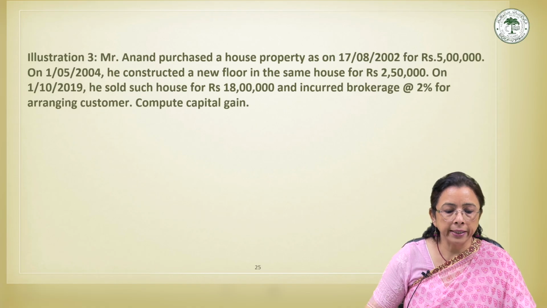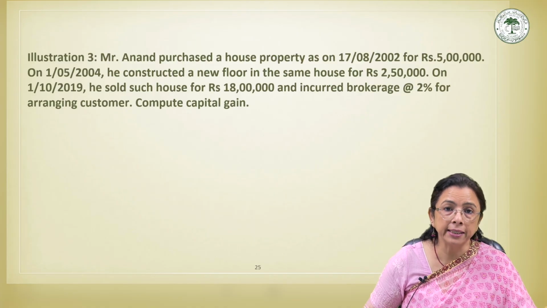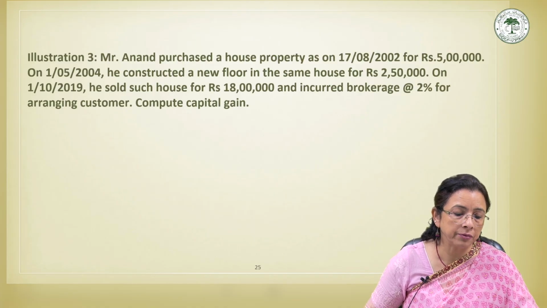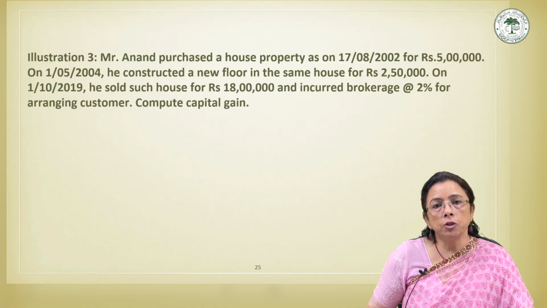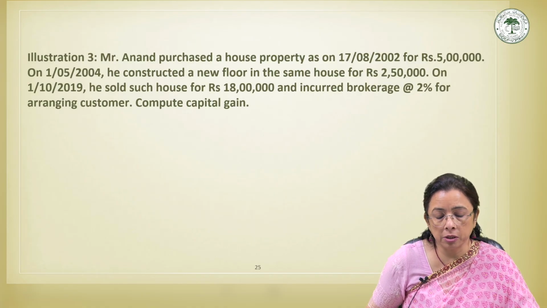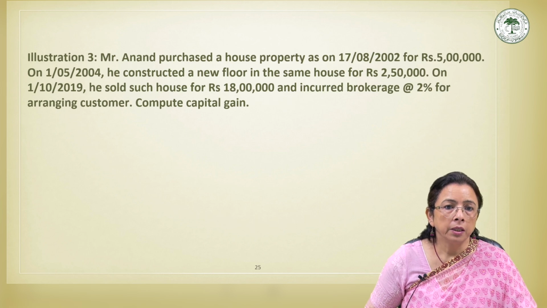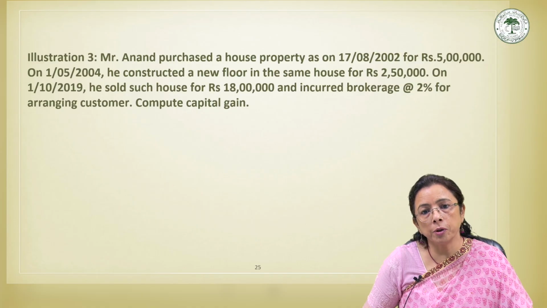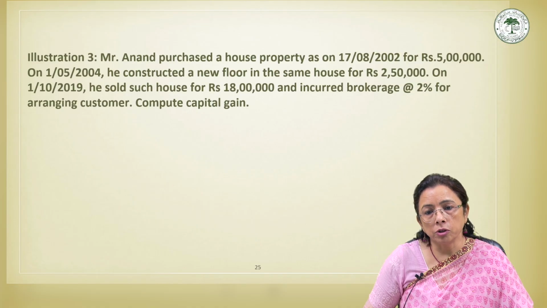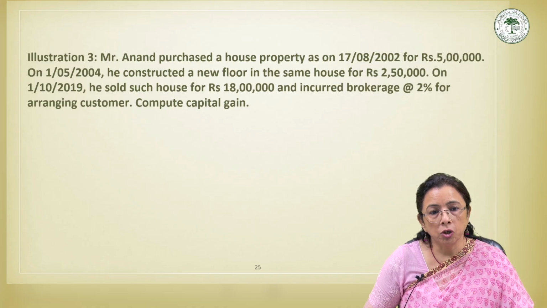Now, the indexation part is specific, otherwise transfer and gain you have understood in short term capital gain. To understand it better, we will follow this illustration. Let me read it first. Mr. Anand purchased a house property on 17th August 2002 for rupees 5 lakh.